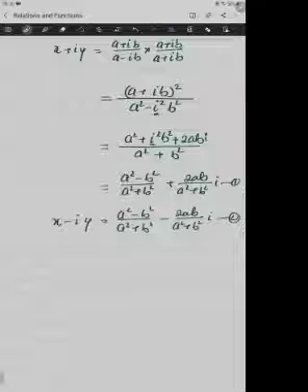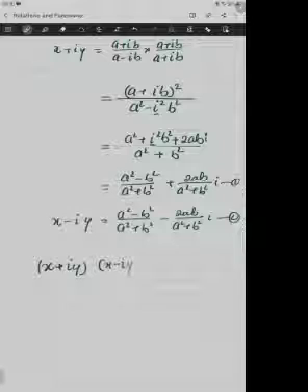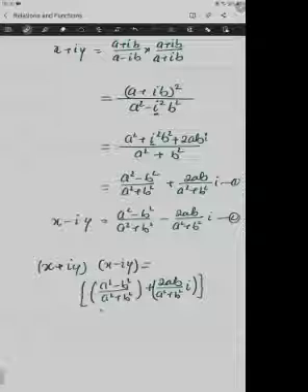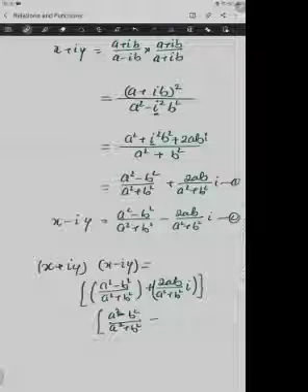So x plus iy into x minus iy equals a square minus b square upon a square plus b square plus 2ab upon a square plus b square i, into a square minus b square upon a square plus b square minus 2ab upon a square plus b square i.